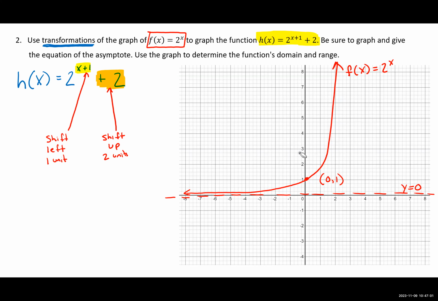If we move that, we can move the rest of the graph. So we're going left 1, and then we're going up 2. Left 1, up 2. So now we've got our point, 1 point on the graph of h of x.